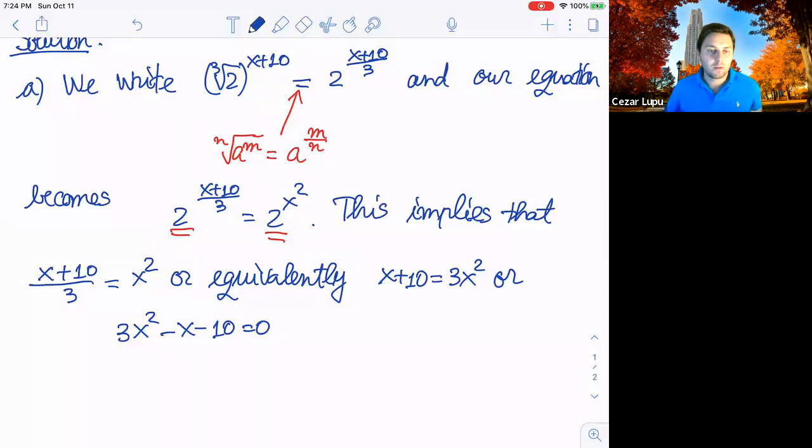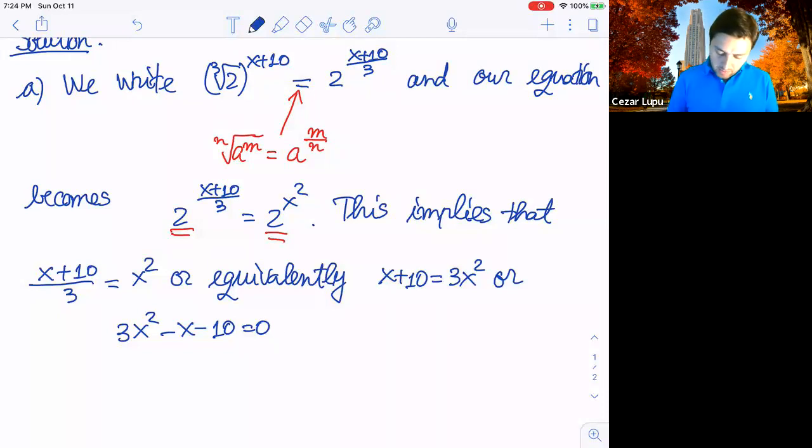You can use the quadratic formula if you want, or you can try to factor it somehow. It doesn't really matter which way you do it. In fact, let's use the quadratic formula.